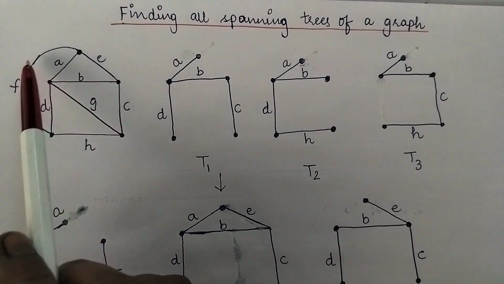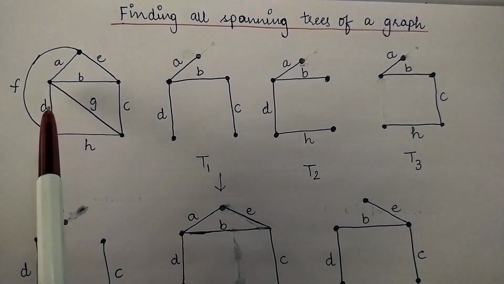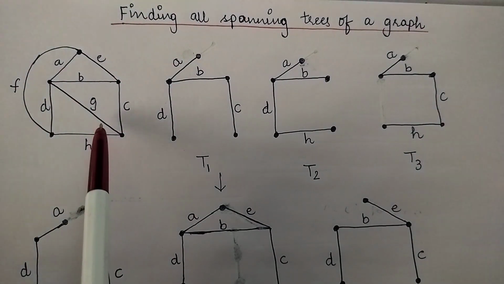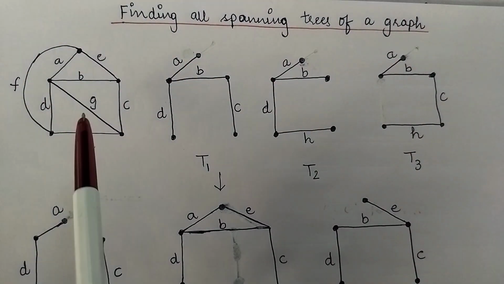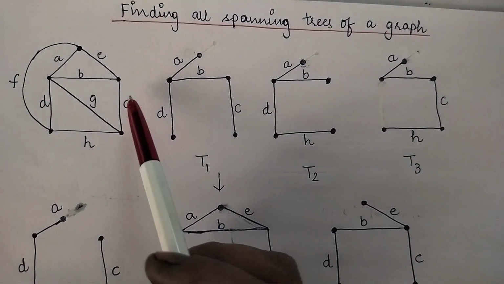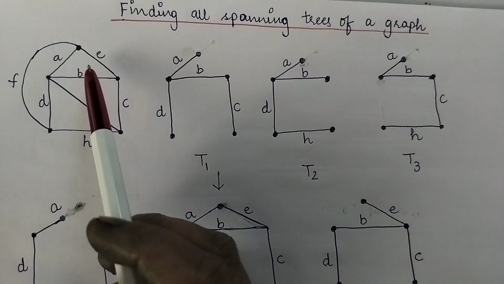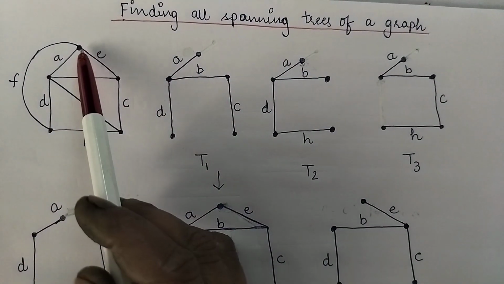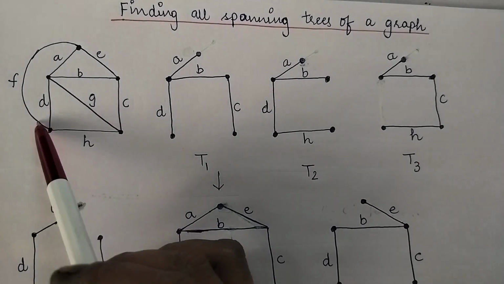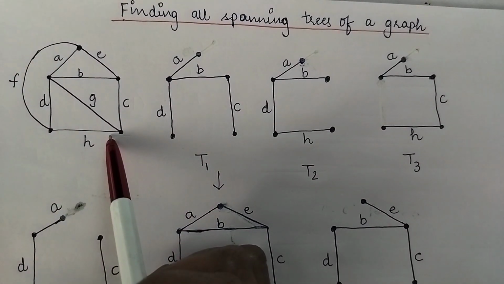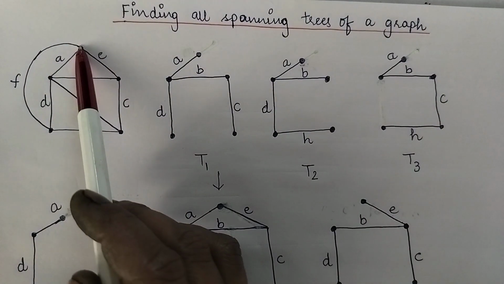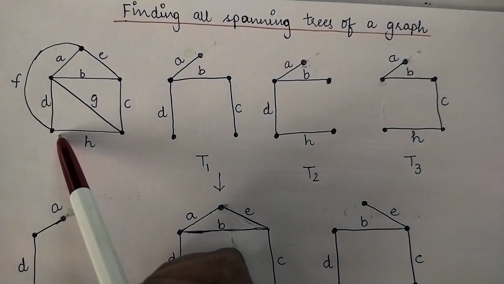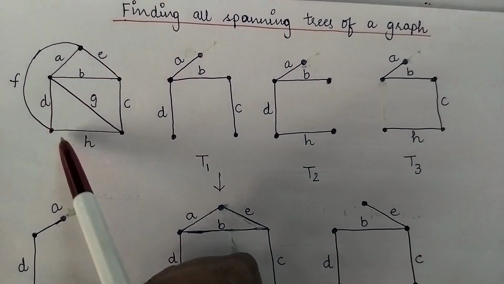Then you remove another and check again. Here, to find the first spanning tree, first I removed edge E. After removing edge E, I still had circuits in the form of edge F and edge H. Then I removed edge F, and still I had circuits in the form of edge H or edge C.